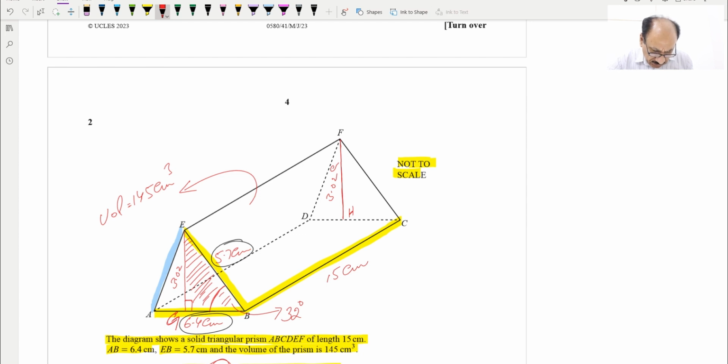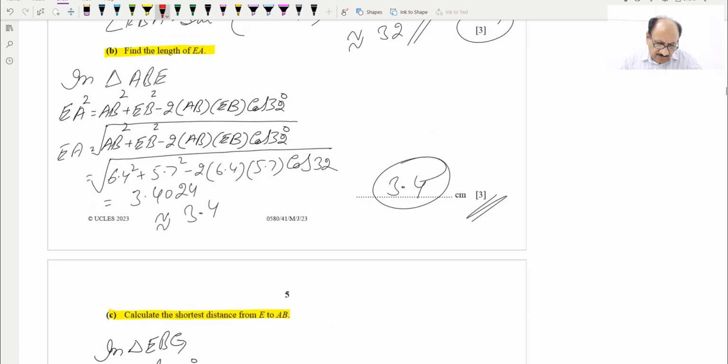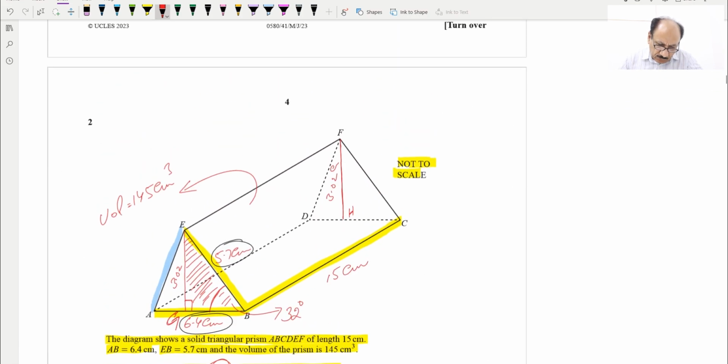And now what do we need to find? We need to find the angle. We need to find BF. BF will be roughly, if I draw it, like this one.